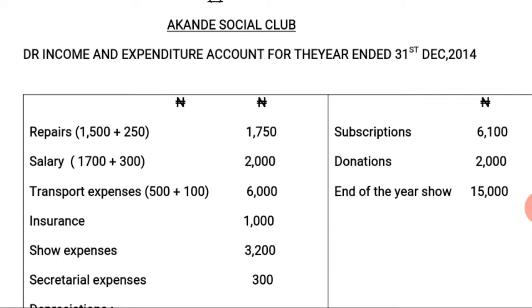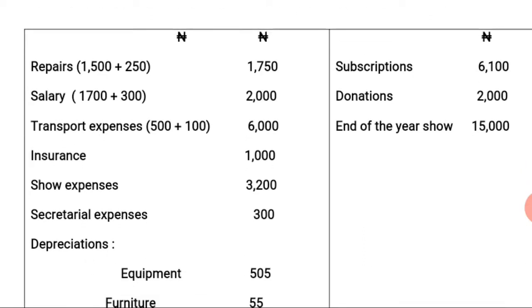Then donations received, as stated in the receipt and payment account, 2,000 naira. The amount realized from the end of the year show, 15,000 naira. All our income to the income and expenditure account. Then on the part of the expenditure, we have payment for repairs.